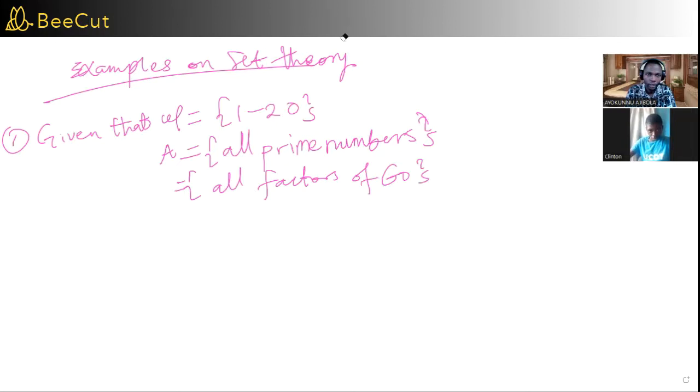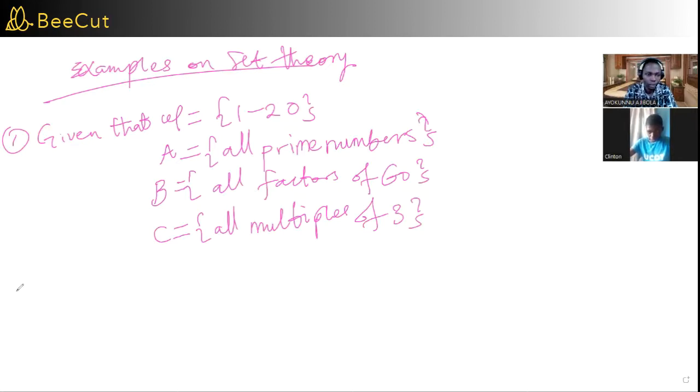Set B, all factors of 60. Then set C is all multiples of 3.